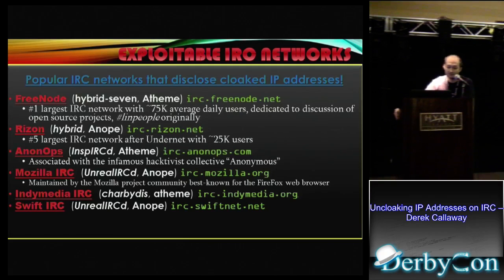Mozilla IRC, Indie Media, Swift, all those. These are some of the most popular vulnerable ones. I haven't done an exhaustive search, because there are so many IRC networks out there nowadays that it's difficult to tell exactly which ones are vulnerable and which ones aren't.